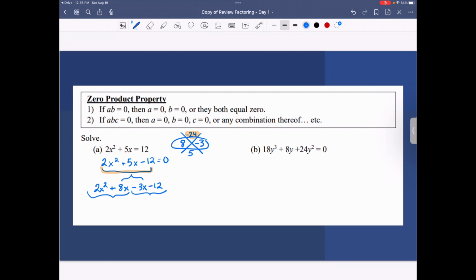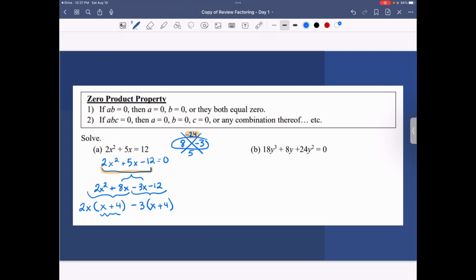Okay, so I'm going to factor out a 2x, and that becomes x, and then 8 divided by 2 is 4, and x divided by x is just 1, so I don't have to write that. Then I'm going to factor out a negative 3, and that will leave me with negative 3 divided by negative 3 is 1, and that leaves us with just x. Negative 12 divided by negative 3 is plus 4.